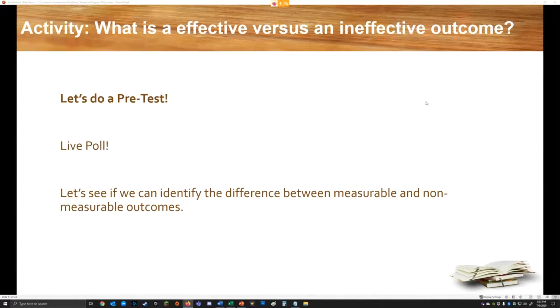It just seems like I see understand a lot of places, and it's okay, but can you measure understand? Some people will argue and say yes, you can say students will understand the periodic table because you can assess them on A, B, and C. But others will say, no, no, no, understand is a big no-no.